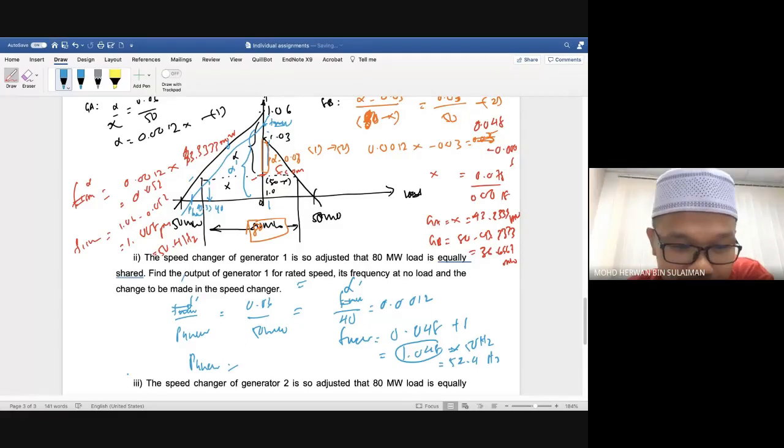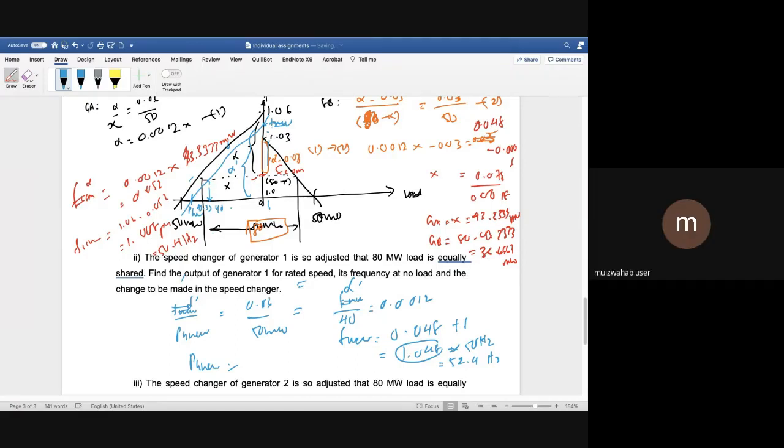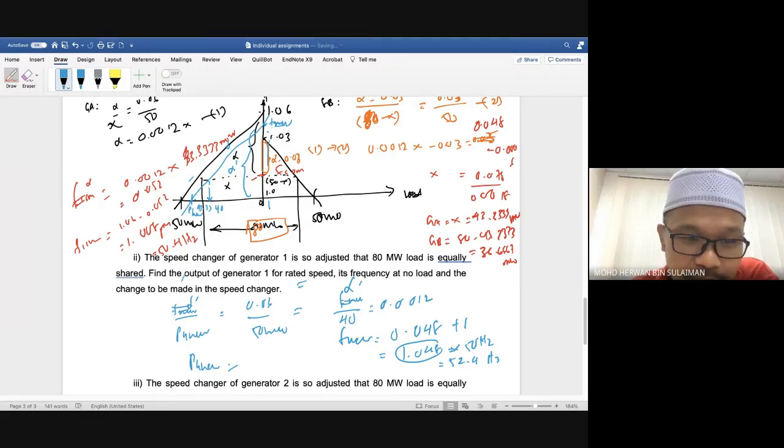Okay, sebab sini akan dapat PG new ni. Kita nak cari yang ni. 40 ni memang kita tahu lah 40. Tak, PG ni kita tahu dah 40 kan? No. Kat sini kita tahu 40. Kita nak cari yang kat sini ni. Output of generator at rated speed. Kat sini ni. Yang 40 ni kita tahu dah.